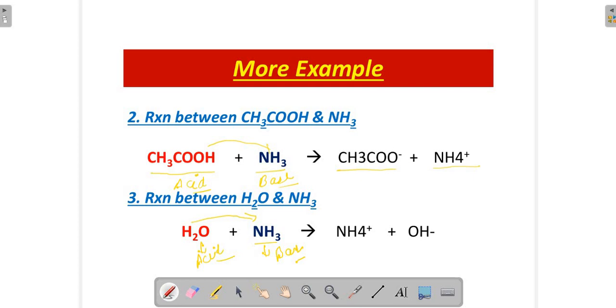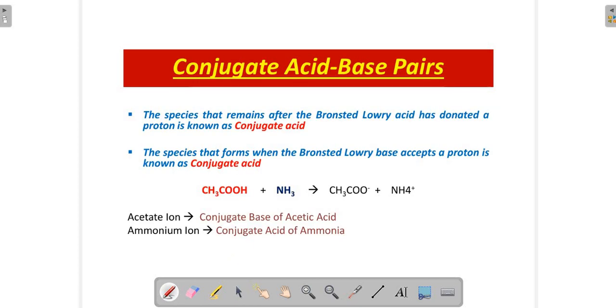So these types of substances which possess both the nature of an acid and a base are known as amphoteric substances. And you can easily explain why water is amphoteric, and what amphoteric substances are, from this concept. So now move to the next slide.